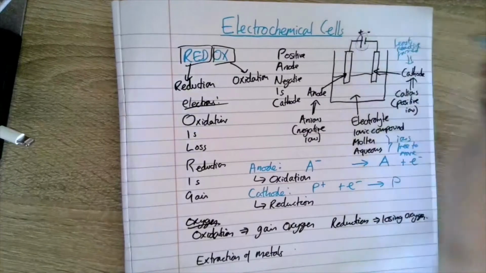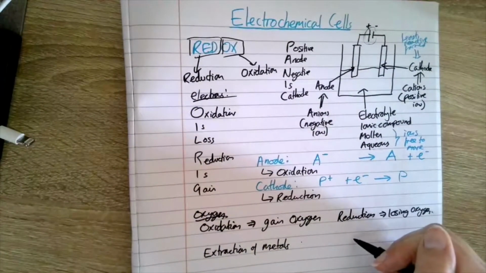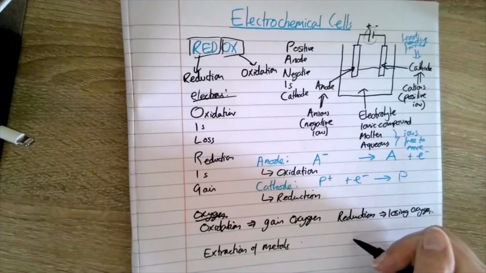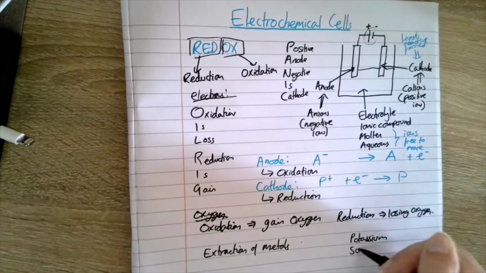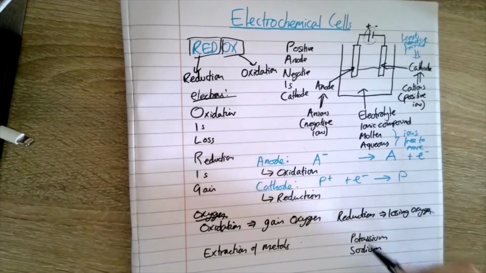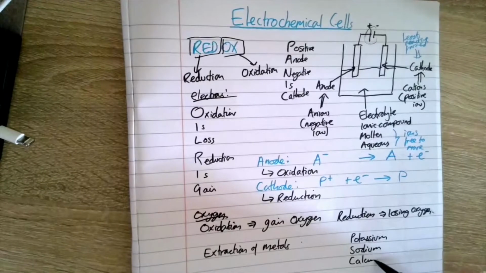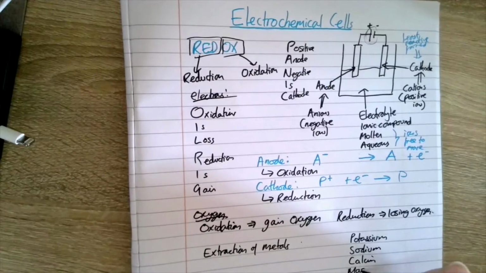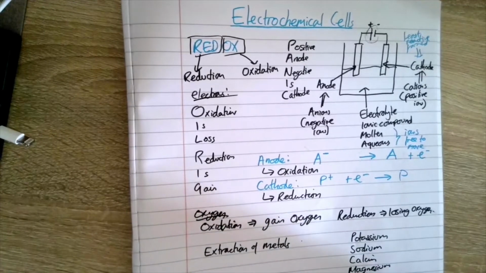So if we think about our reactivity series, our most reactive being potassium, then sodium, then calcium, then magnesium, then aluminium, and then we have hydrogen.